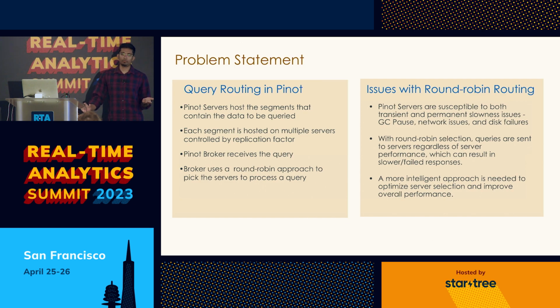With the round robin approach, it is not cognizant of how these servers are behaving. Whether the server is slow or fast, it's still going to route an equal number of queries to the Pinot servers. So what we need here is a more intelligent approach for query routing at the Pinot Broker, so that it can be cognizant of how the servers are behaving, thereby achieving good results.